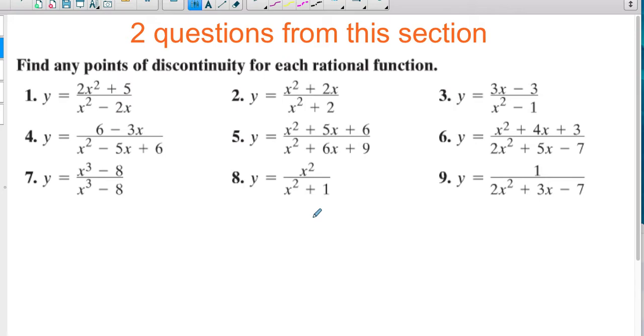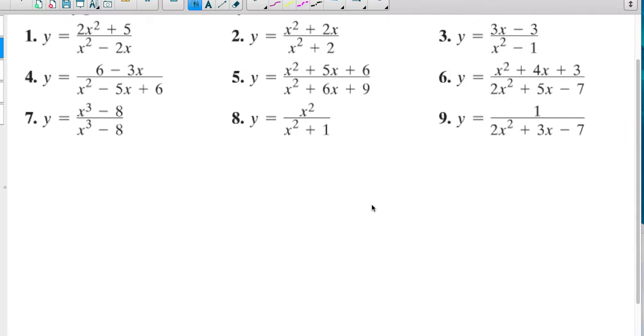Okay, so this one says find any point of discontinuity for the rational function. Well, what's great about a point of discontinuity is that we don't care about the numerator at all. The only thing we care about is the denominator.